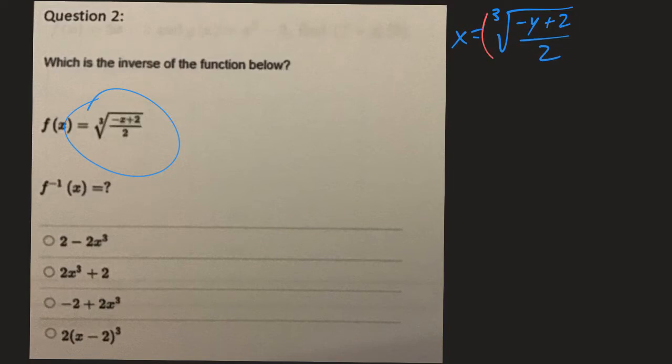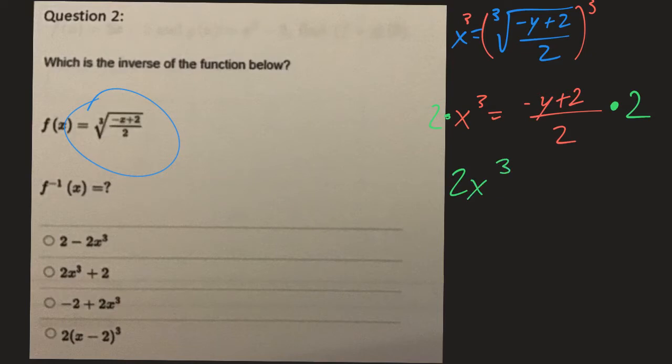We're going to start by cubing each side, and so now we've got x cubed equals negative y plus 2 over 2. Next step, we're going to keep working our way to getting this y by itself. So we're going to multiply by 2 on each side, and now we've got 2x cubed on the left, negative y plus 2. These have canceled out.